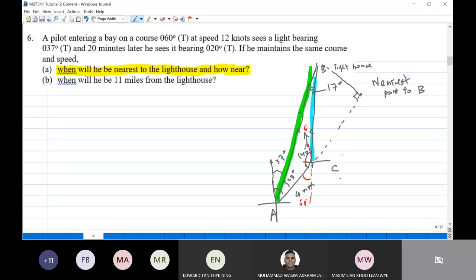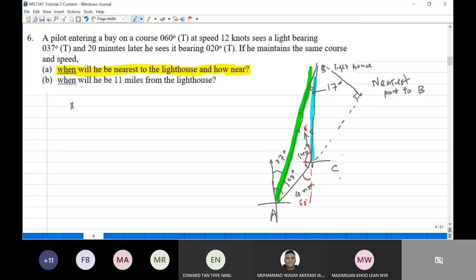Okay, AB first, the distance between the, because I know I can find AB using the sine rule. Okay, let's find AB first. Although the question they asked is about this, I think there are a lot of things to do. So I try to find out AB first.